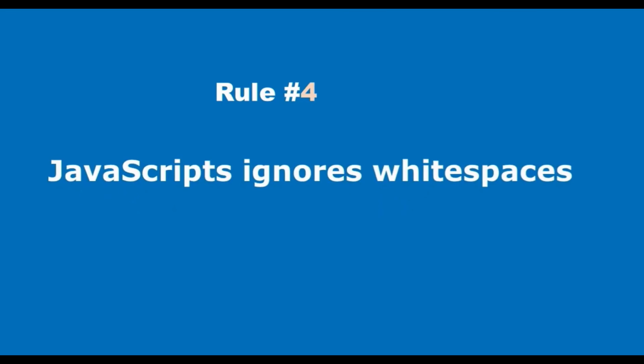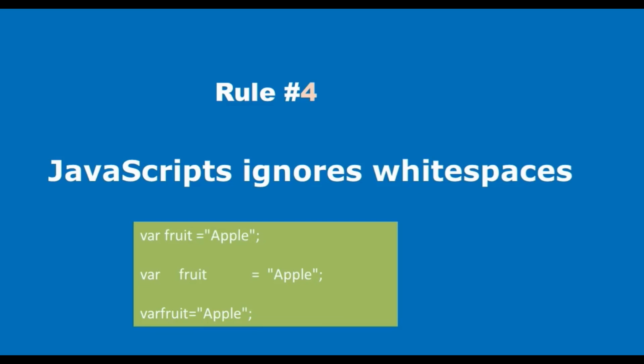Rule number 4. JavaScript ignores white spaces, but white spaces are good for humans. They enable them to read code properly. All these examples will work because JavaScript does not care about white spaces.